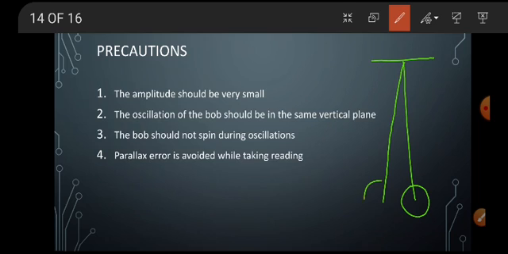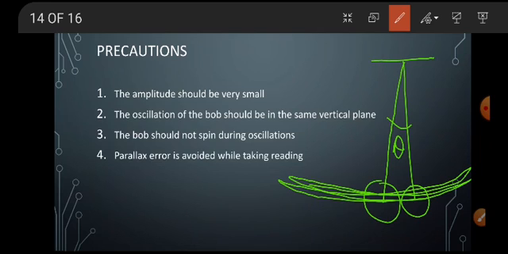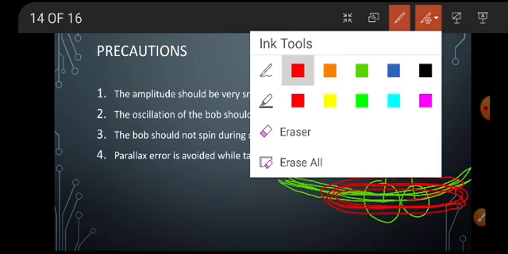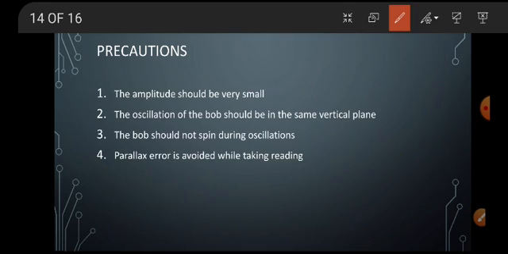The amplitude will be very small, theta will be small, and the oscillation should be in the same vertical plane, in a single plane. And the bob should not spin like this during oscillations. And parallax error is avoided while taking readings.